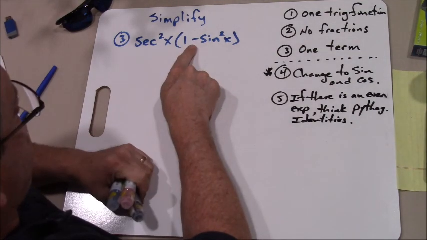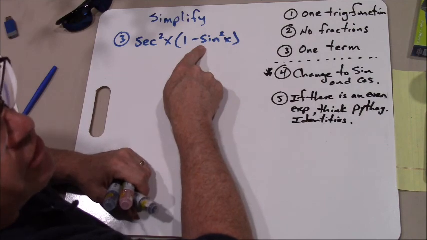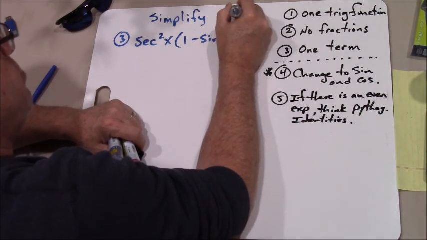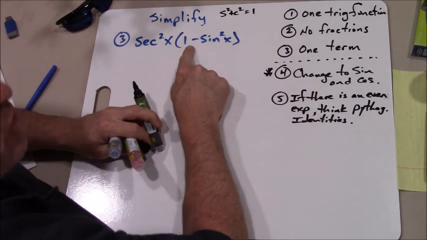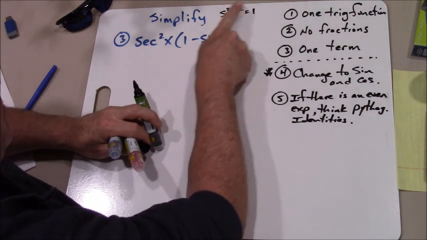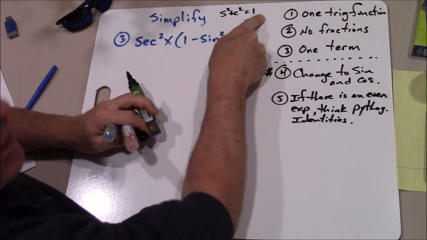So when I look at this one, I'm thinking in my head, sine squared plus cosine squared equals 1. And what I want to know is, what can I turn this into? Well, if I move that sine squared over to this side of the equal sign, it becomes the opposite, it becomes negative.